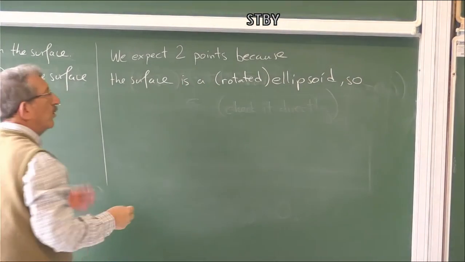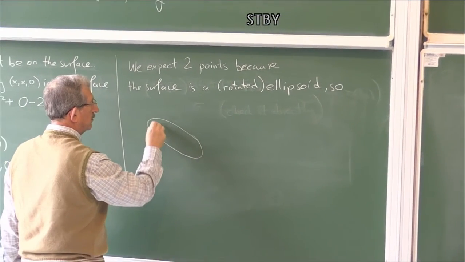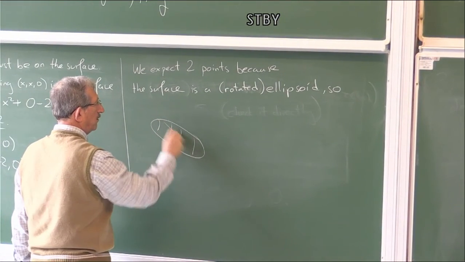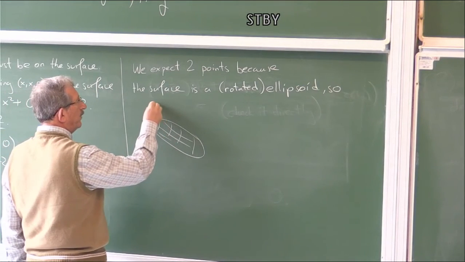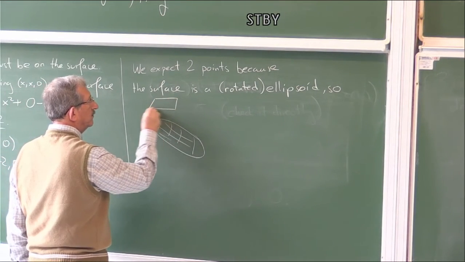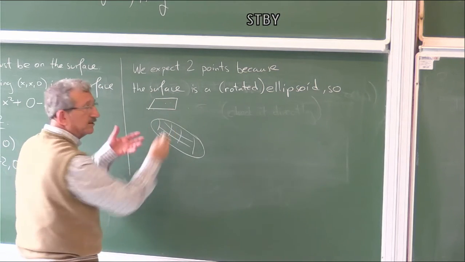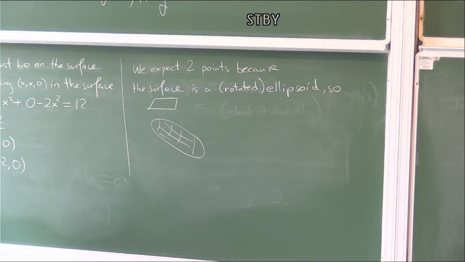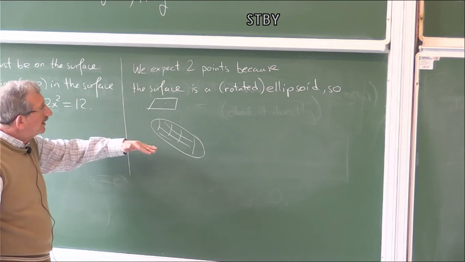So if we have an ellipsoid, something like this, and if we have a plane, that is the xz plane, and we are looking for tangent planes which are parallel to it.